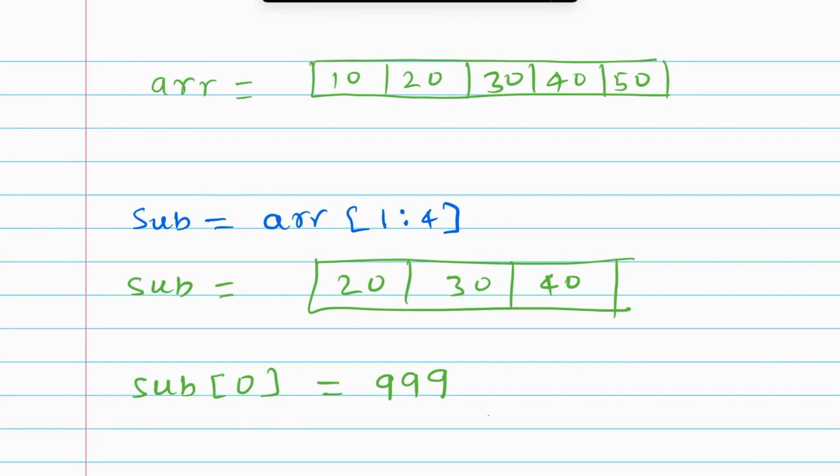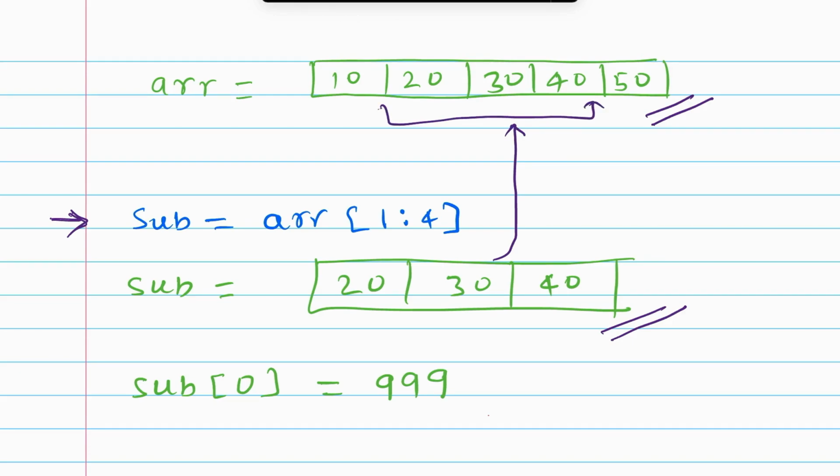This part is very important. Many people miss it. Suppose array is equal to 10, 20, 30, 40, 50. Now you slice. So sub looks like 20, 30, 40. This is not a new independent array. It is a view of the original array. A view means both array and sub are looking at the same memory.